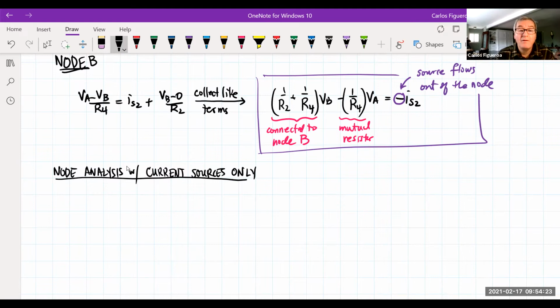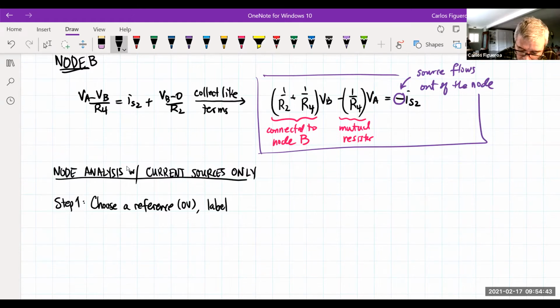Here we go. So what do I do here? Step one. What am I going to do? I'm going to choose a reference node voltage. In other words, you're going to choose your 0 volts. Then label all nodes.